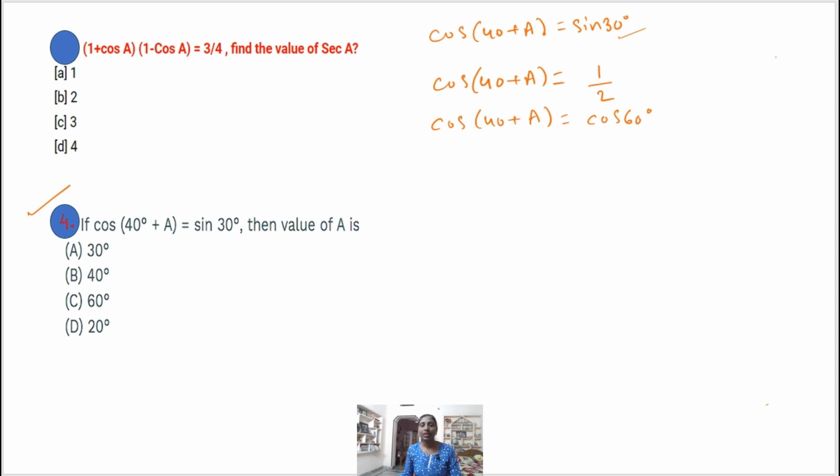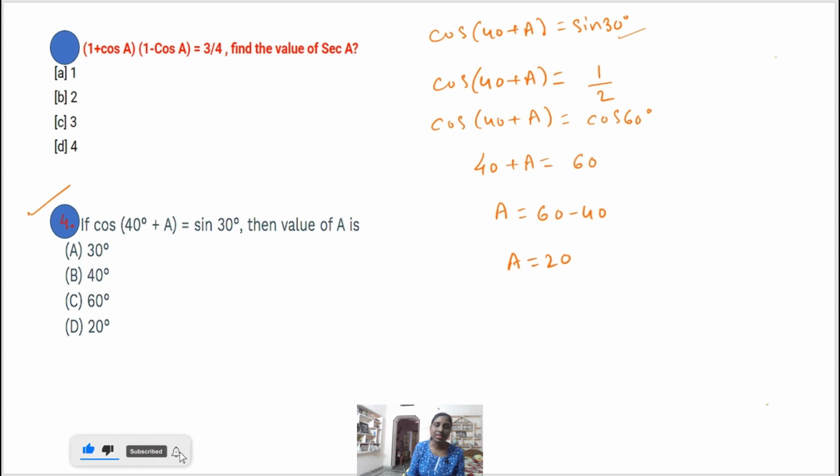Clear? Now both sides cos ratio is there. Comparing, 40 plus A is equal to 60. Now A is equal to 60 minus 40, so A is equal to 20. Option D is correct. It's very simple.